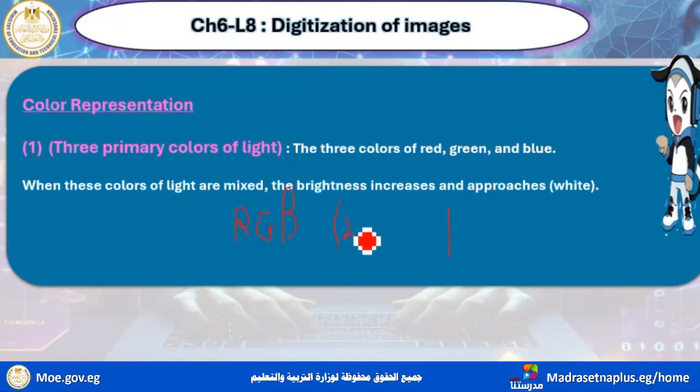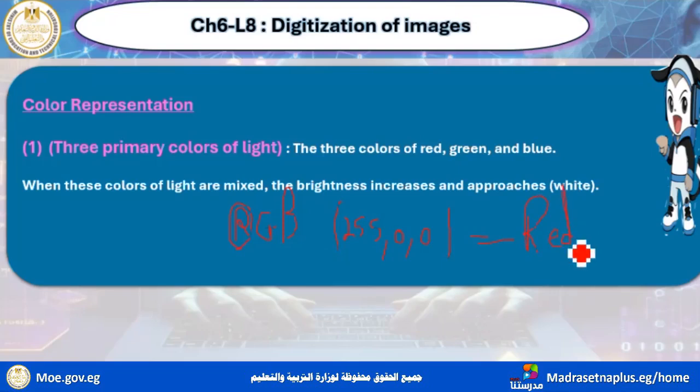So when RGB is equal to 255, then 0, then 0, the color is fully red. This is for red.